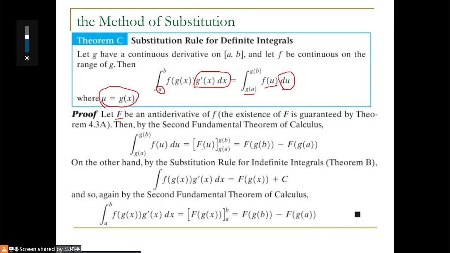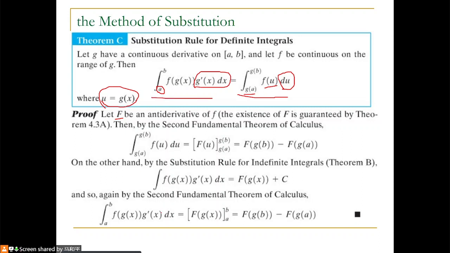This equals F(g(b)) minus F(g(a)). On the other hand, by the substitution rule for indefinite integrals, we have calculated the right side is equal to F(g(b)) minus F(g(a)), and now we look at the left side.